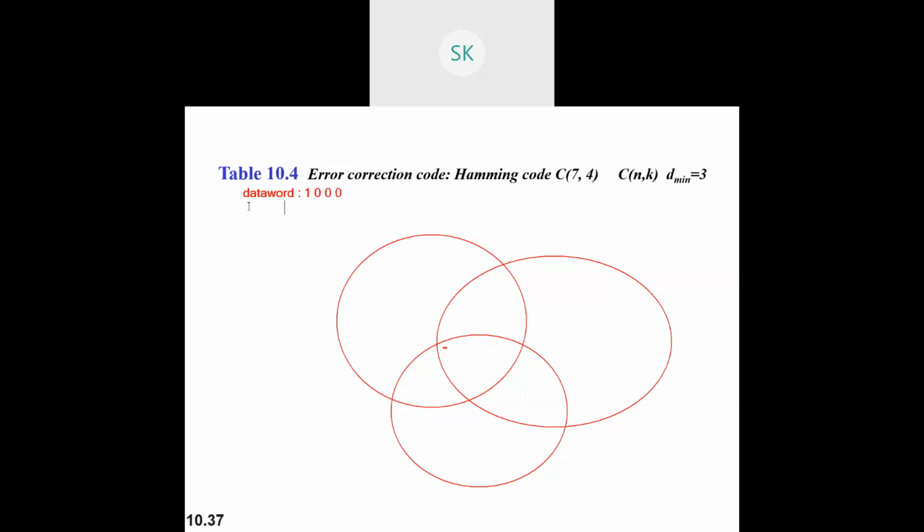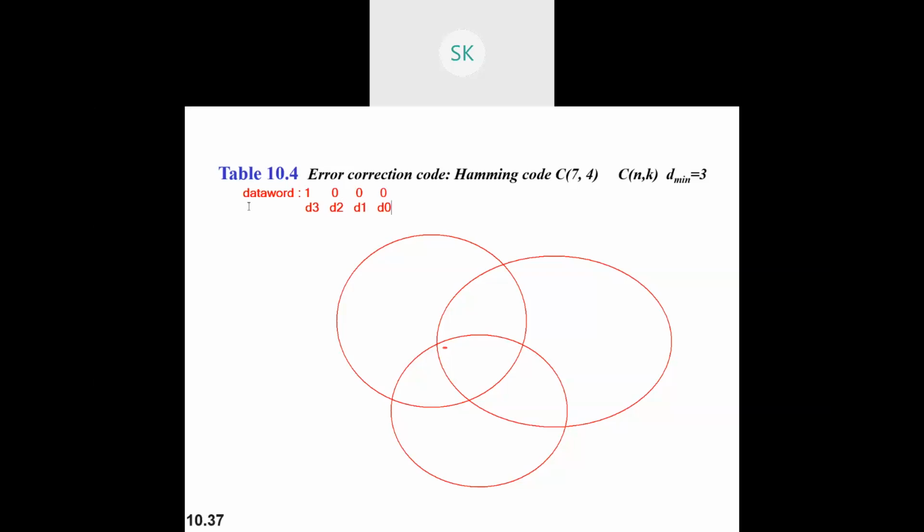On the other side of it, the most significant bit is D3, and similarly D. Okay, so this is your data.